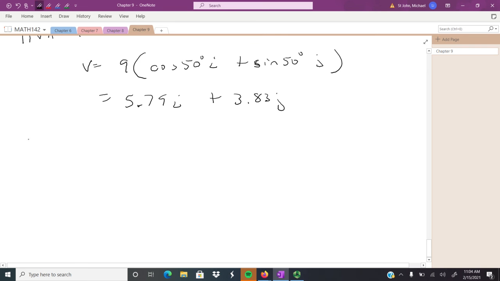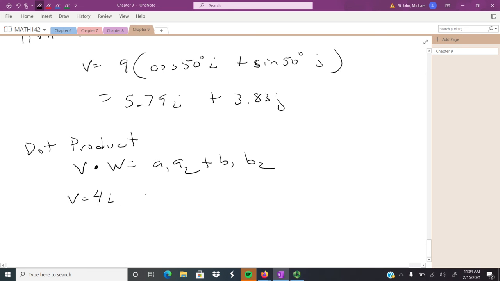We also then get in terms of a thing called the dot product. And so V dot W is given by A1 times A2 plus B1 times B2. So if I'm given that V is 4i plus 9j, and W is 8i minus 10j.